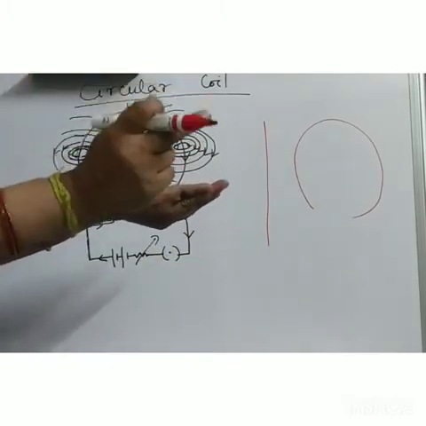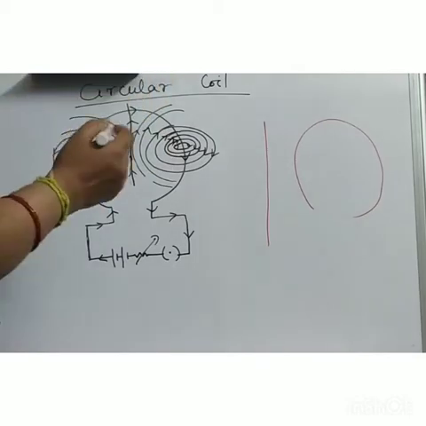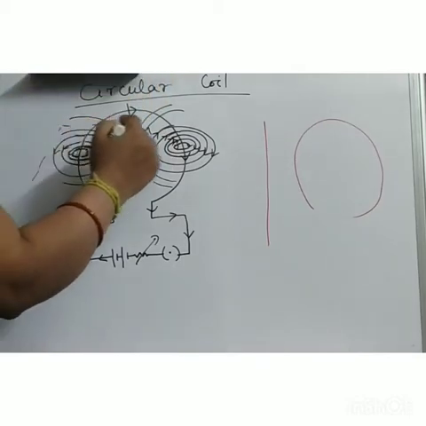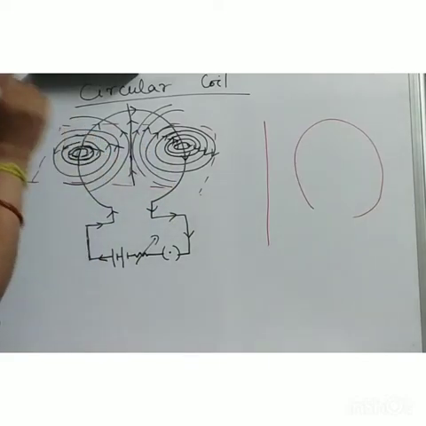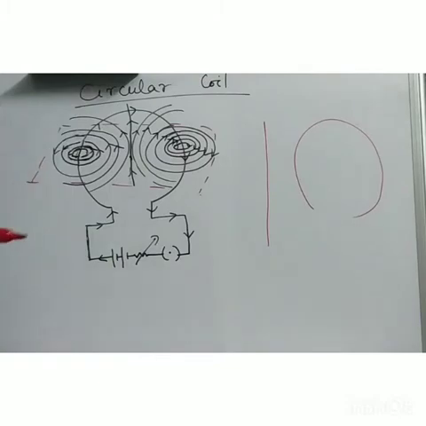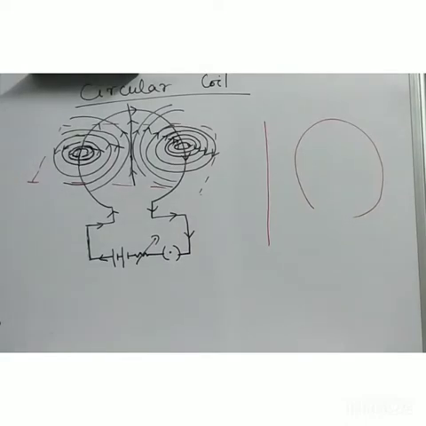So there will be two points of contact. This is the main difference between a straight current carrying conductor and the circular loop.